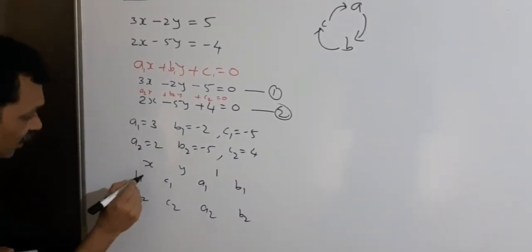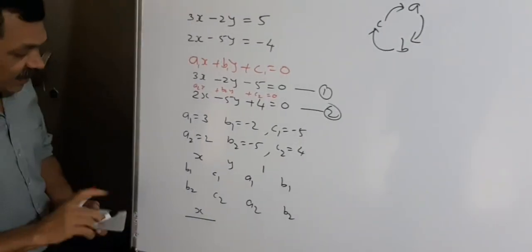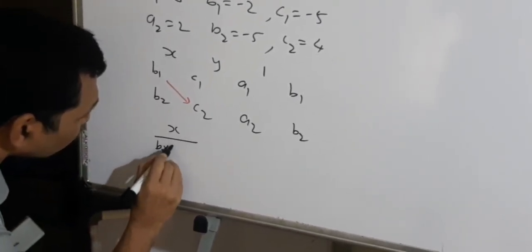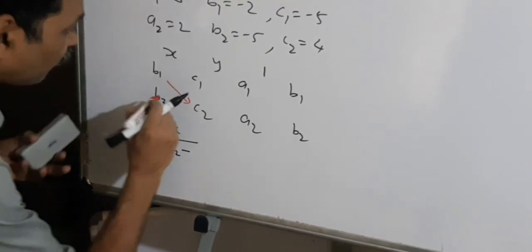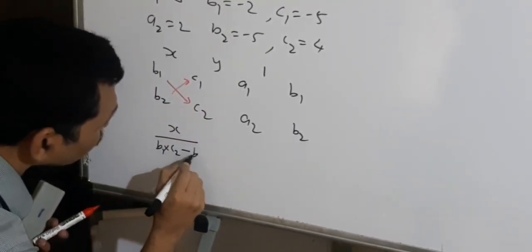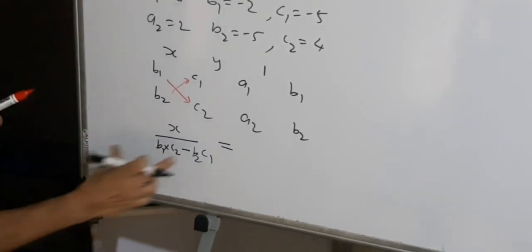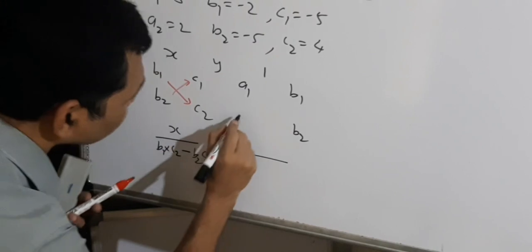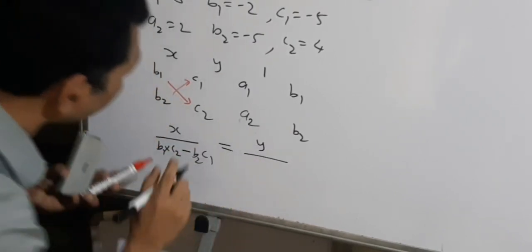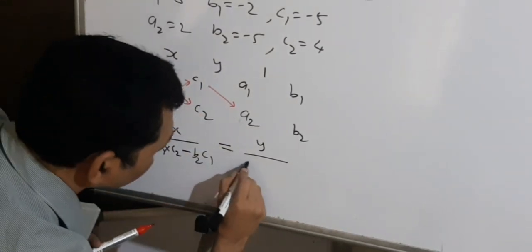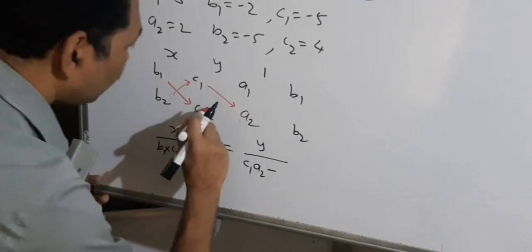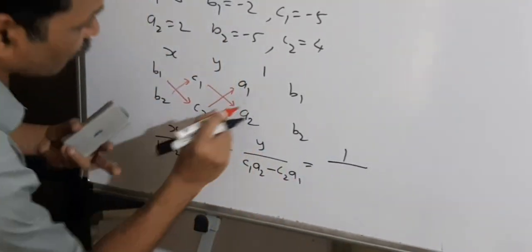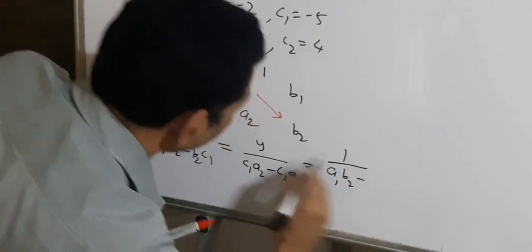The next step will be x upon b1 multiplied by c2 minus b2 c1, which is the same as y upon c1 a2 minus c2 a1, which is the same as 1 upon a1 b2 minus a2 b1.